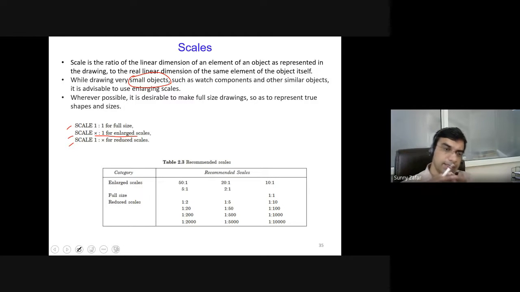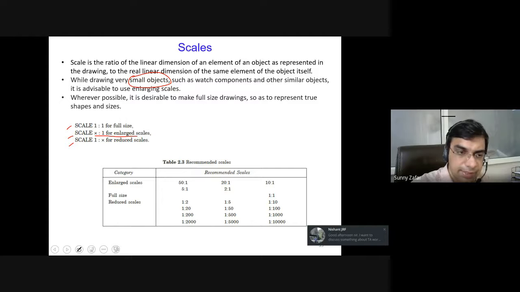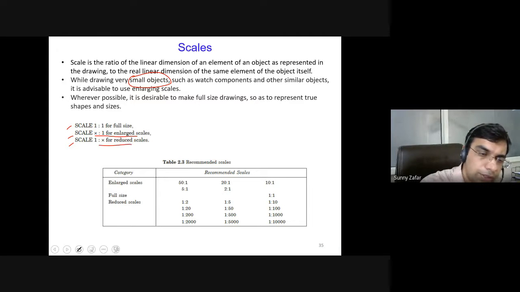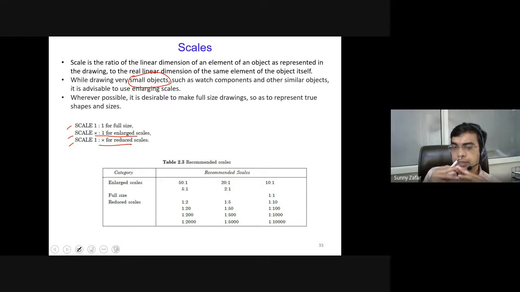And then there are the reduced scales. We use reduced scales for very large components which cannot be accommodated even on an A0 size sheet. So there we will be using the reduced scales.